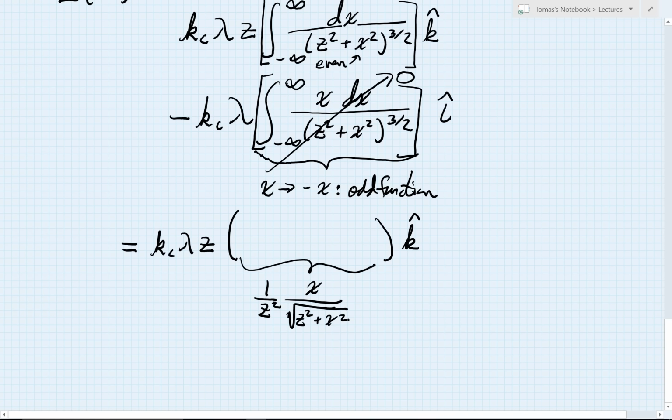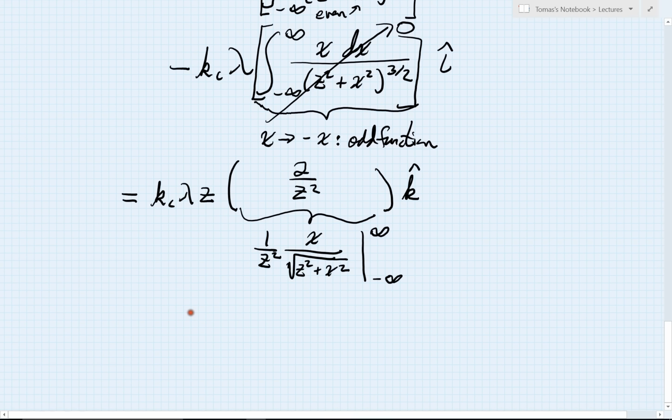So now, if we carry this out, in our particular case, we have to evaluate this between infinity and minus infinity. And when you substitute in x equals infinity and minus infinity and subtract these, what goes on the inside will simply become 2 divided by z squared.